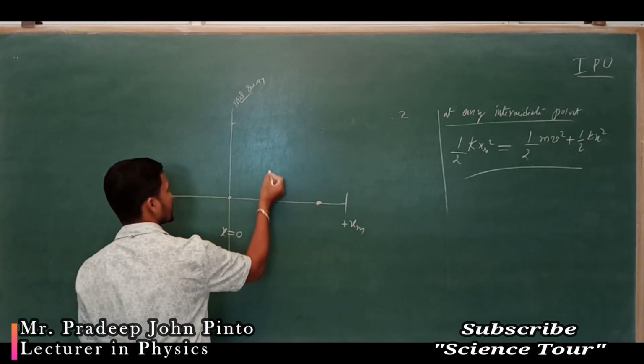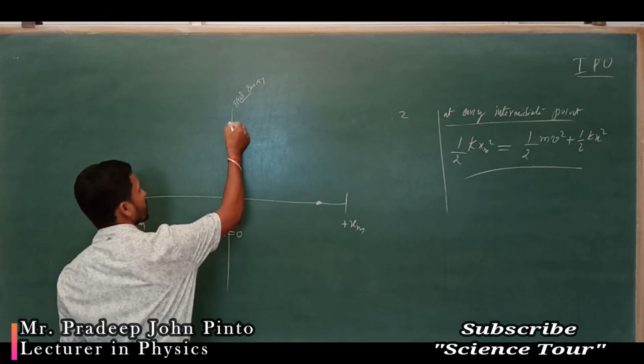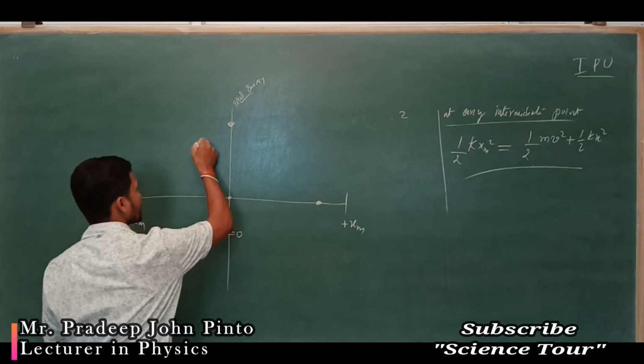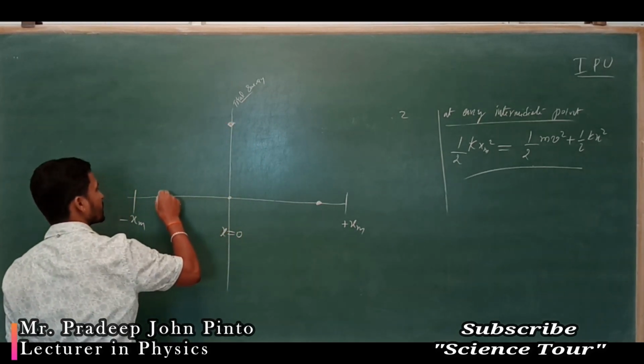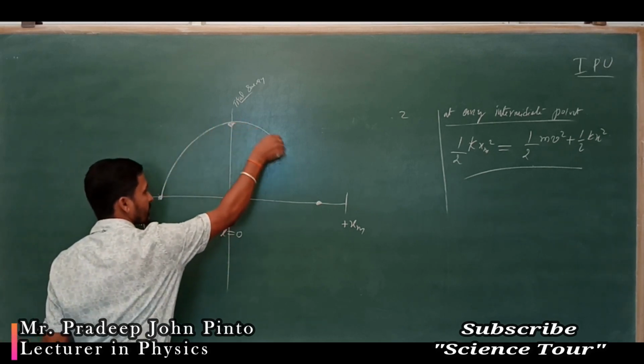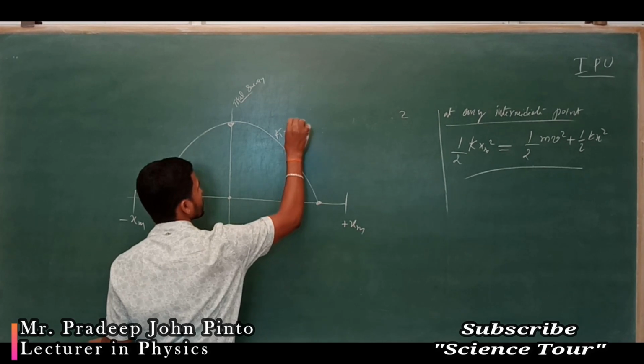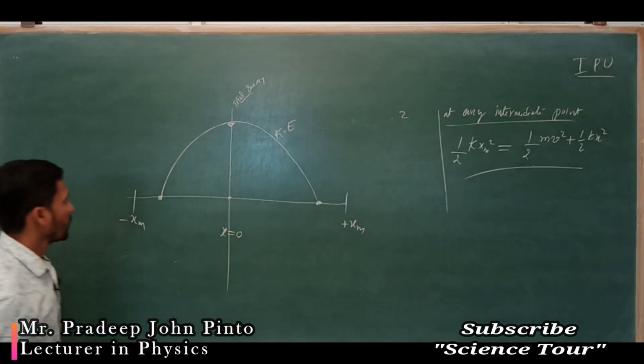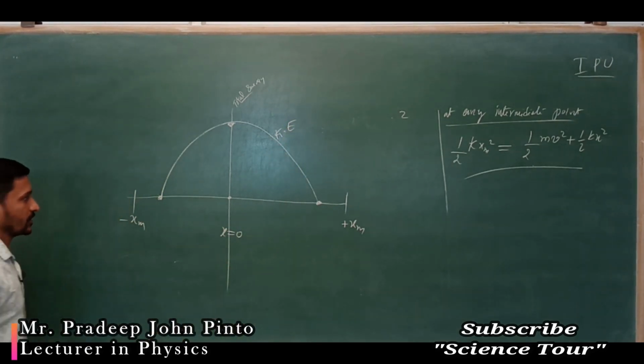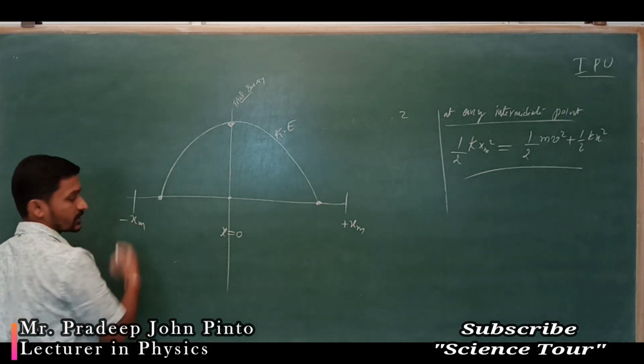Kinetic energy increases, becomes maximum. Decreases, becomes 0. So kinetic energy I can write in this way, no? But what happens at the extreme position?